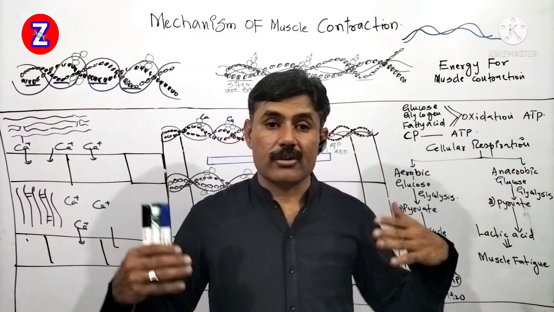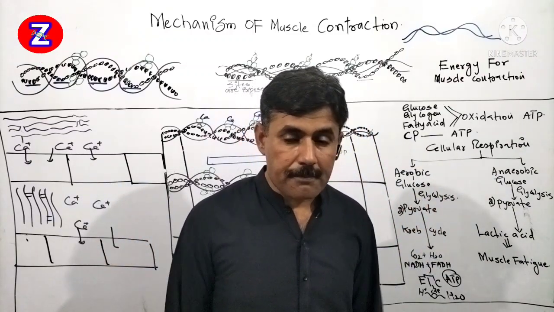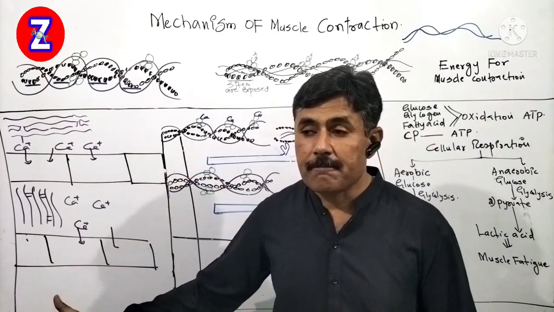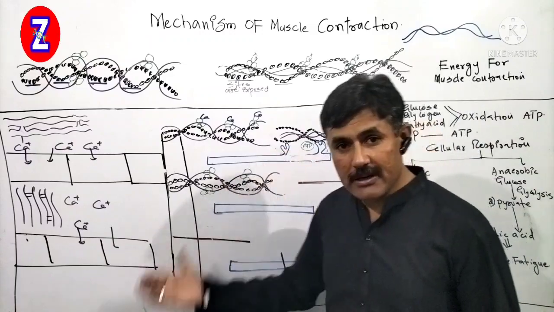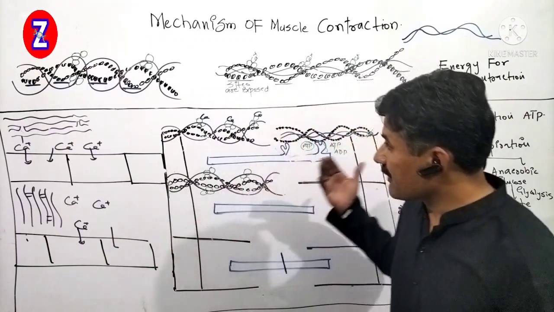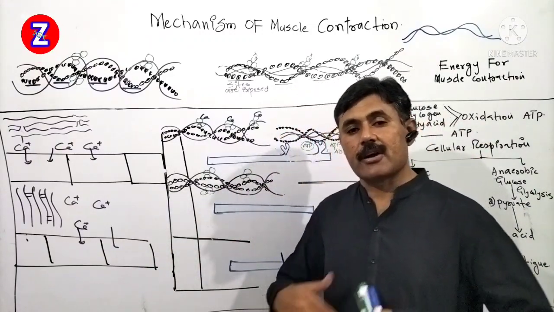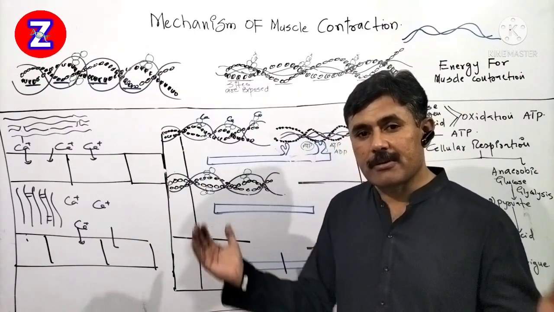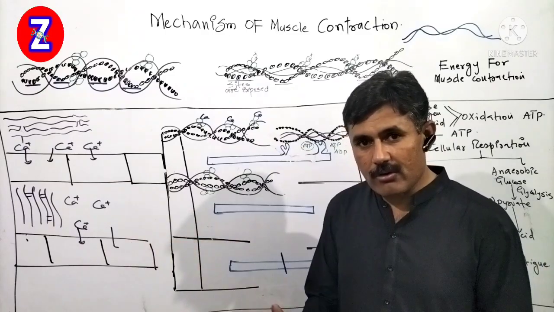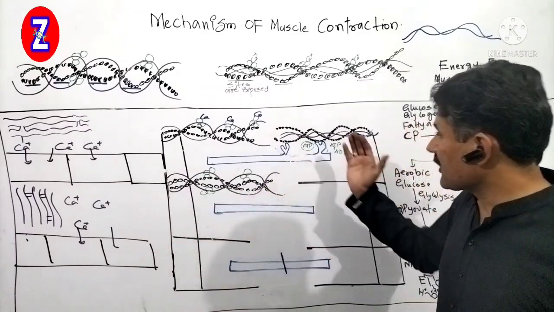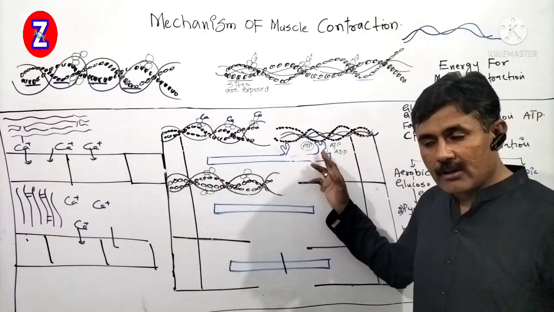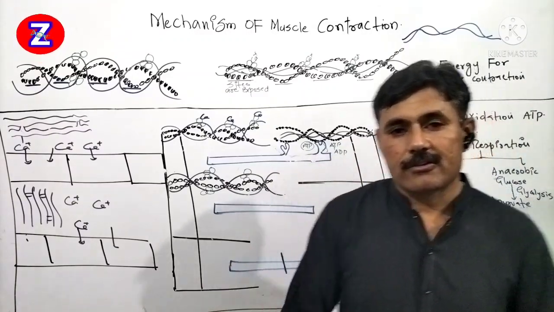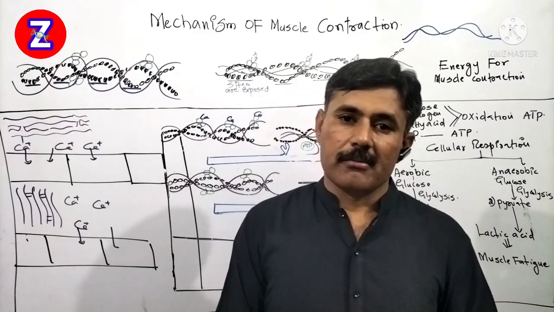So this is actually the process of muscle contraction, where we have studied the nerve impulse, how calcium is released, where calcium binds, how the sarcomere and filaments twist, and how these filaments get attached to each other and contract. And for that, attachment and detachment of myosin needs energy, and where that energy comes from, this is the story of the contraction of muscles.